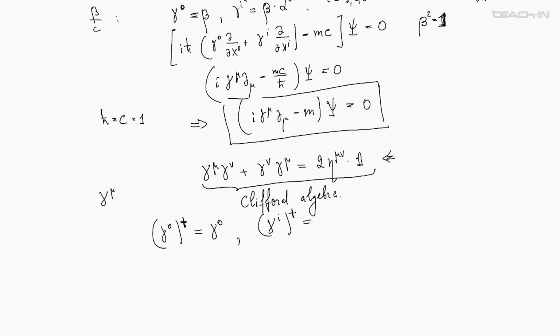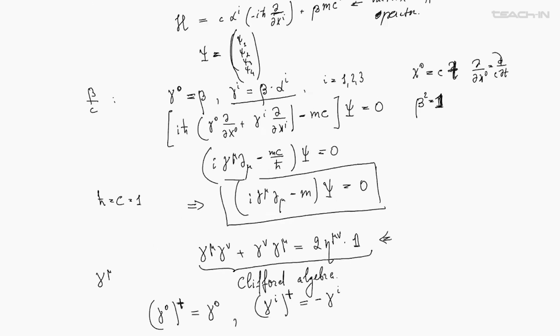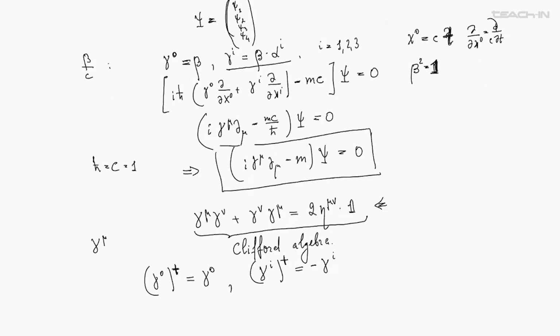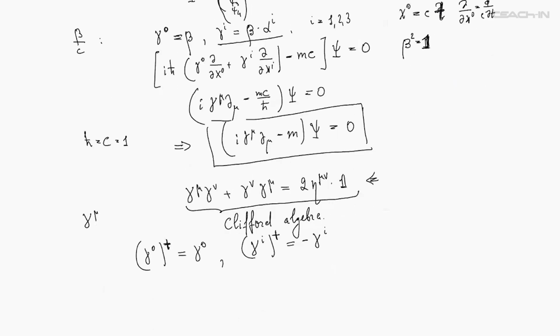And you remember, this is because gamma i are given by the product of beta with alpha i. Beta and alpha i are Hermitian, but under Hermitian conjugation, we have to remember that we have to change the order of matrices. So we will have alpha i dagger beta dagger.